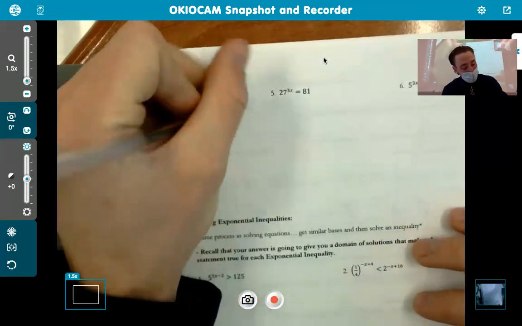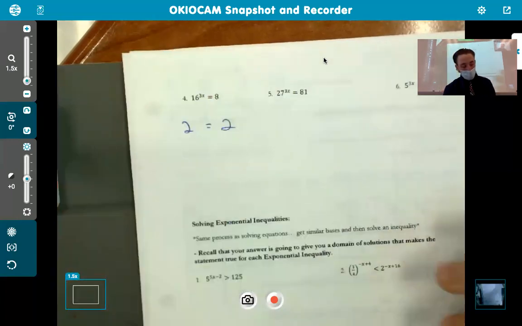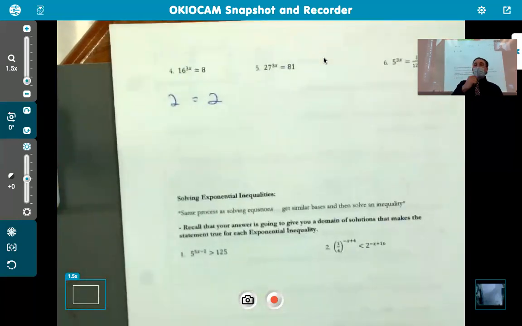If I make 2 my base on both sides, what do I have to raise 2 to? What's the power that I have to raise it to get 16? So 2 to what power gives me 16? 4.